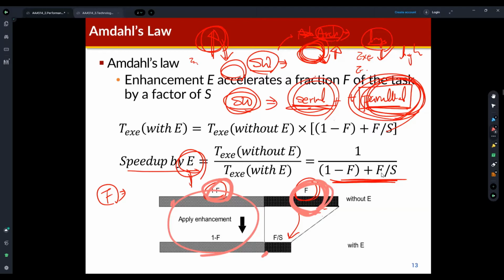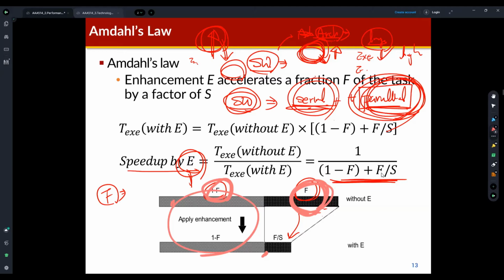And then the application also has the parallelizable part. So if we apply the multi-core architecture, only the parallelizable part can be enhanced. That's what Amdahl's law says.